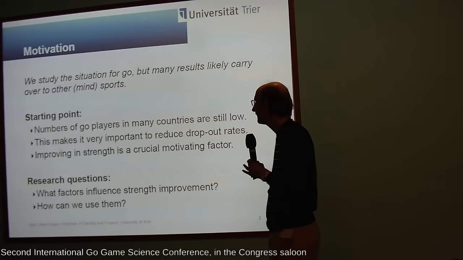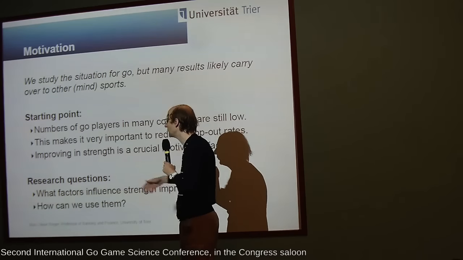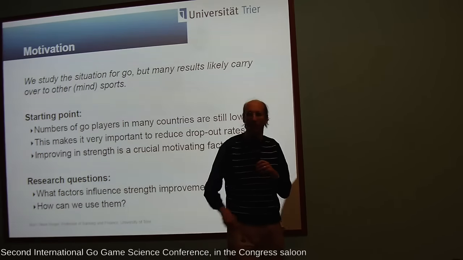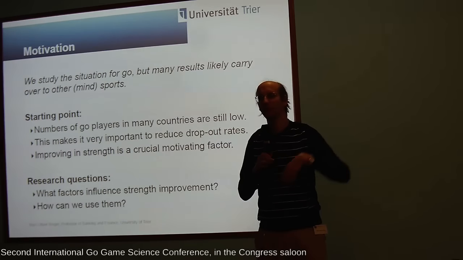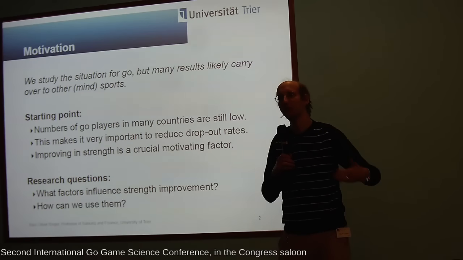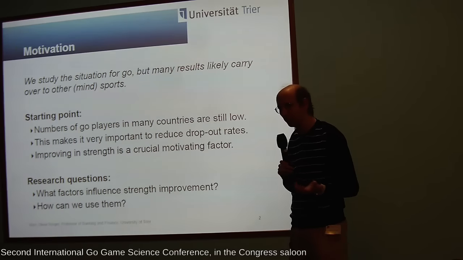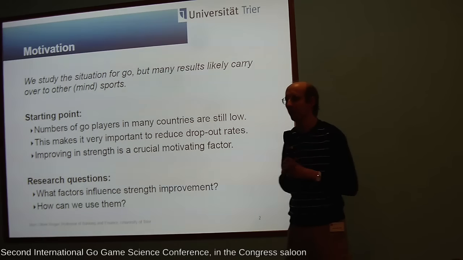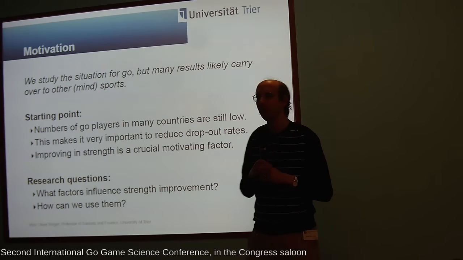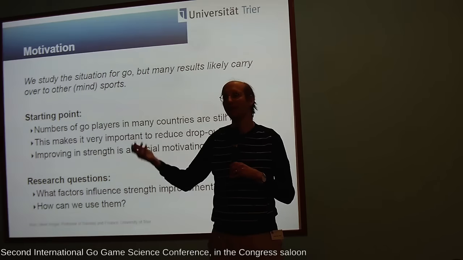And obviously, the motivating factor for staying active in Go is improving in strength. Now, when particular children get stronger and start beating their teacher, then of course it is motivating and they want to keep playing. So the research question we had is, what factors influence the strength improvement? And I don't mean that we wrote down a couple of factors that theoretically might help.